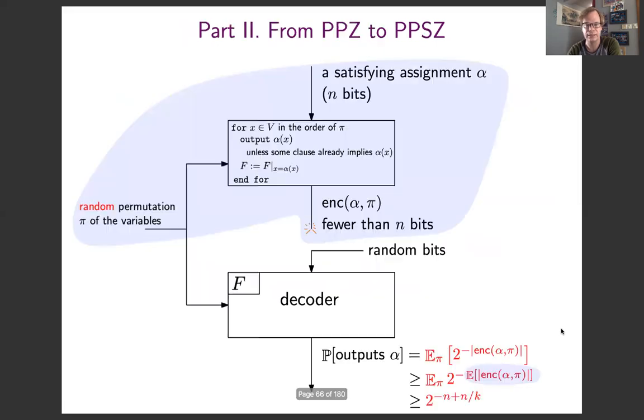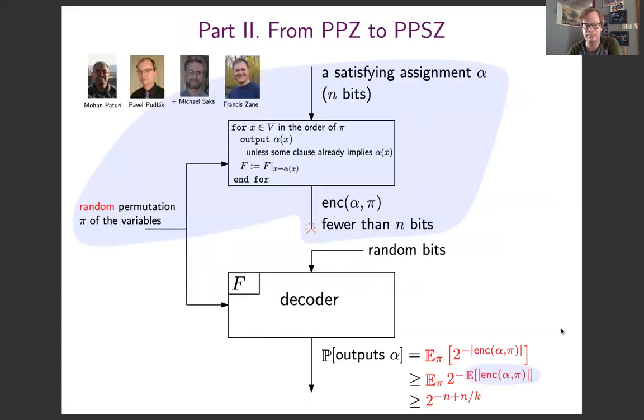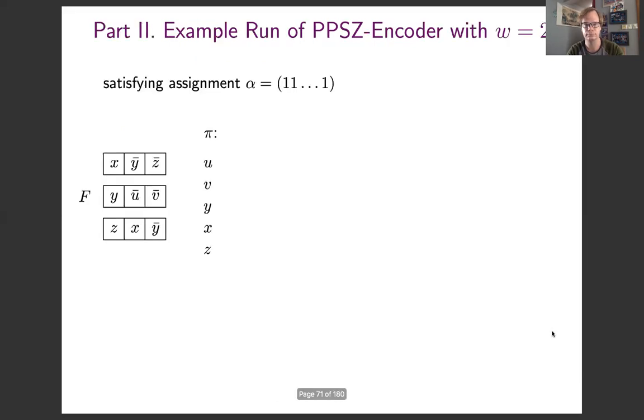Yeah, okay. So now let's put Schöning... I mean, let's put the S back into the picture, PPSZ. And the change to the algorithm is minimal. Instead of looking at single clauses, we look at w-tuples of clauses. So I think it's again best to see this at an example. It's again the same example as before.